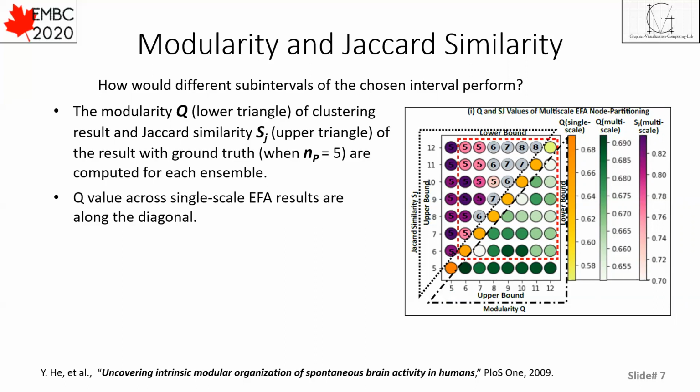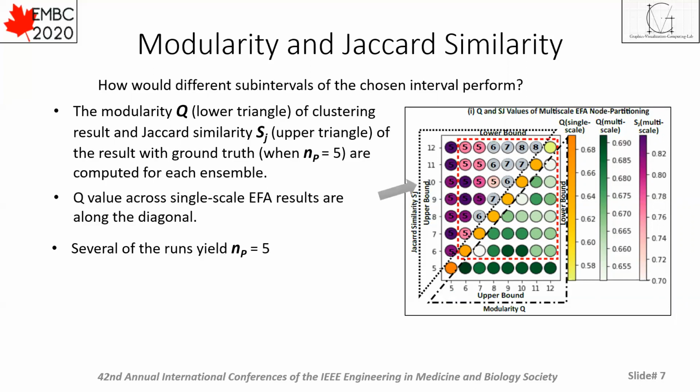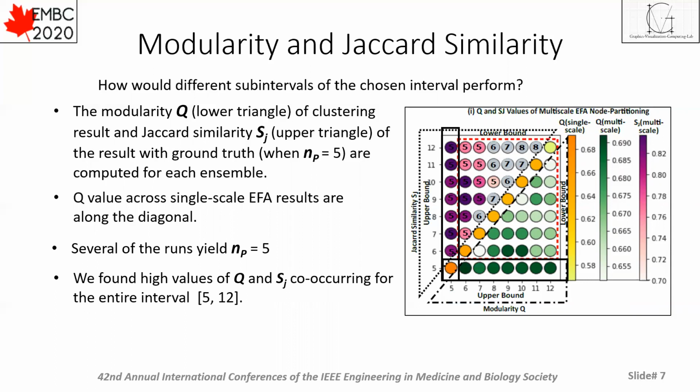Jaccard similarity is compared only when the number of partitions of D is equal to the ground truth clusters, that is 5 clusters. We observe that several of the runs yield a number of partitions equal to 5 in this upper left triangle. Our results show that the presence of 5 factors in the subinterval used for multiscale analysis improves the Q and SJ scores.